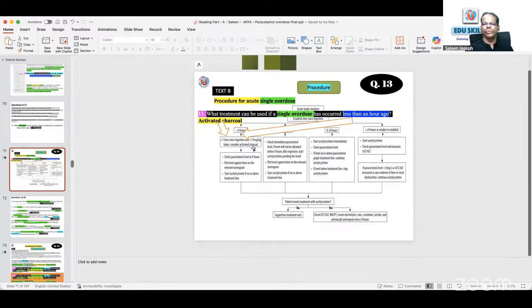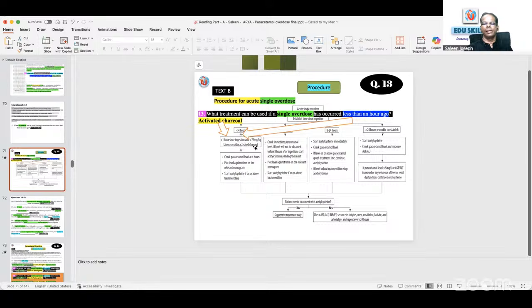Use this synonym of consider. Is that clear? Yes, Father. Less than an hour ago is here, less than 1 hour. What treatment can be considered?